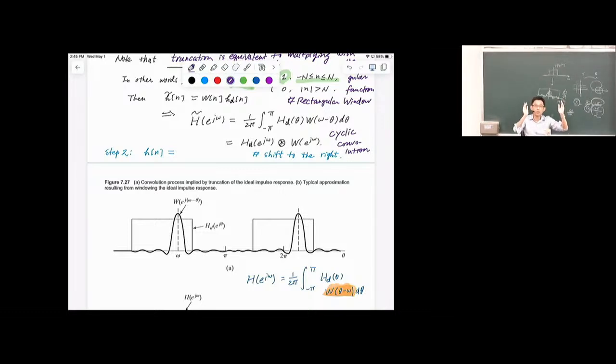But the problem is, even after keeping the middle part, is the filter causal yet? Even after keeping the middle part, the filter is still not causal, because half of the samples are still before time zero.